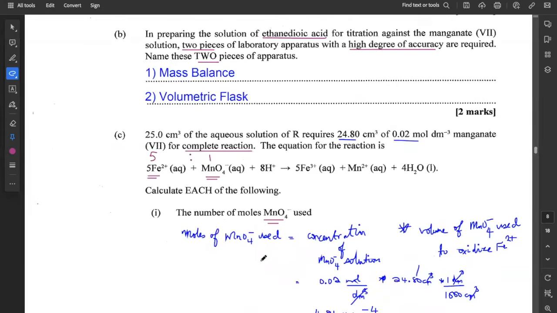We already just calculated how many moles of MnO4- were used. And so this was the 25 cm cube that we used this much moles for. And so because these are in a 5:1 molar ratio, I simply multiply the moles that were used by 5, right? To find out how many moles of Fe2+ were actually reacted, right?